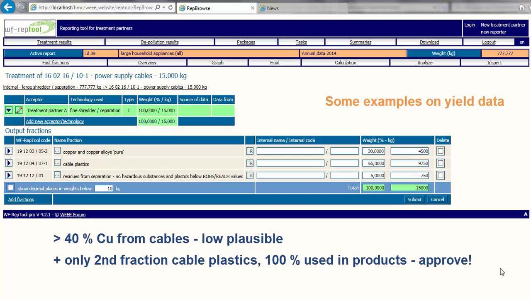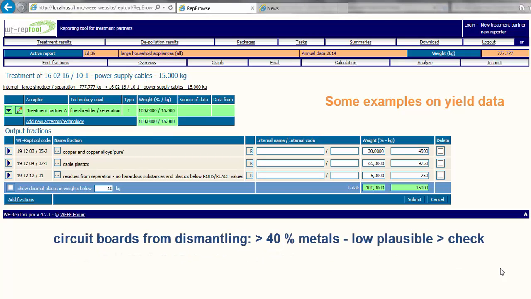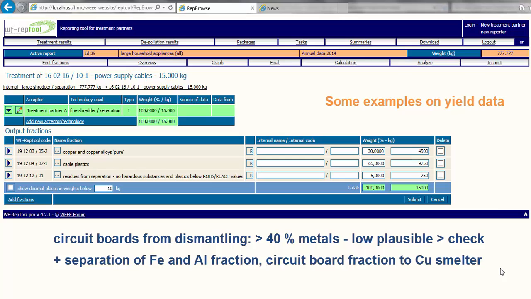There is often a further separation in case the product achieved should be approved. See final technologies. Very similar for circuit boards from dismantling being further separated, a yield of higher than 40% of metals should be checked. Normally there is a separation of an iron and an aluminium fraction before a circuit board fraction is forwarded to, most commonly, a copper smelter.